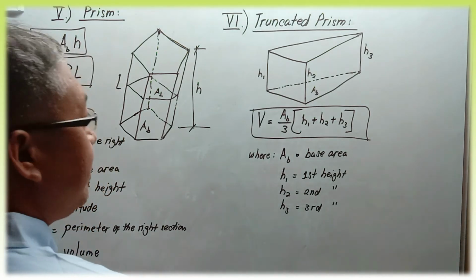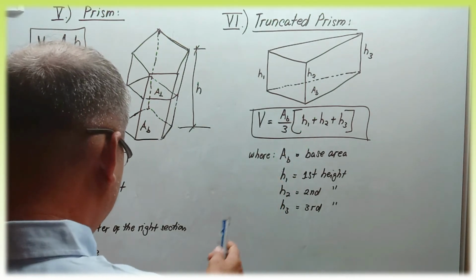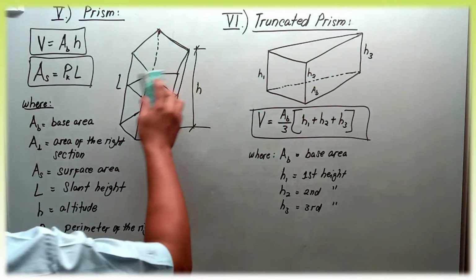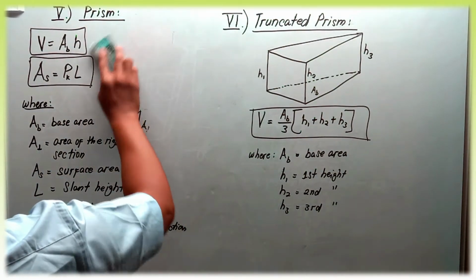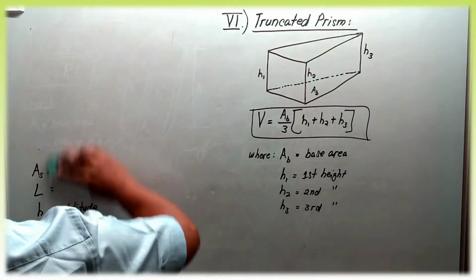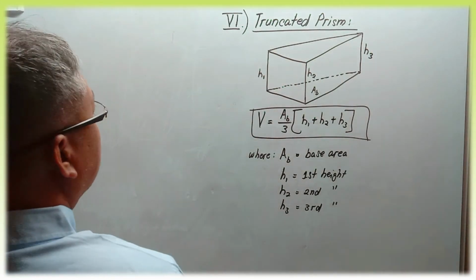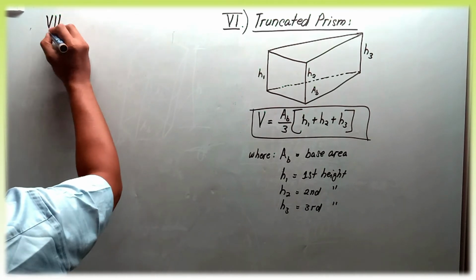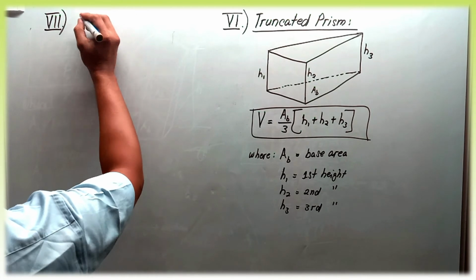Now next, we need to discuss the other prism, which is called the rectangular prism. Let me write here, number 7, rectangular prism.